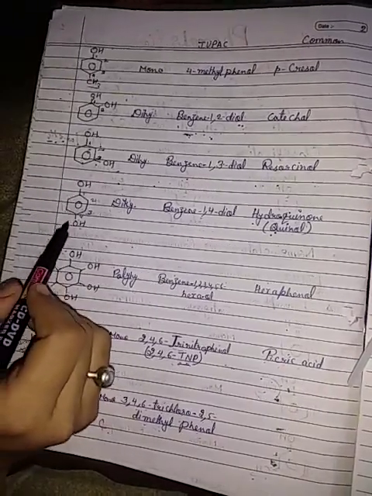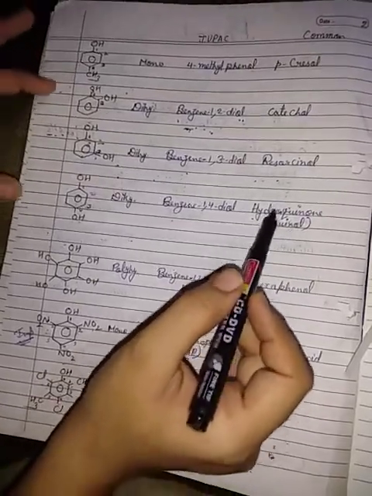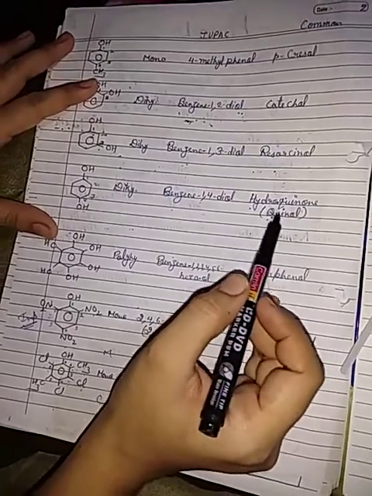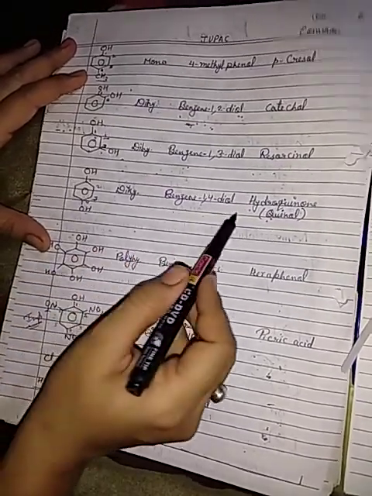Its common name is hydroquinone, also known as quinol. This example is very important because hydroquinone has medicinal use in D pharmacy. Its IUPAC name, with OH at the first and fourth positions, is benzene 1,4-diol.